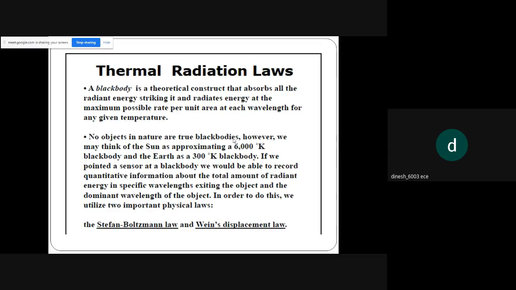If you point a sensor at a black body, we can record quantitative information about the total radiant energy in a specified wavelength, emitted by the object, and the dominant wavelength of the object. In order to do this, we need to utilize the Stefan-Boltzmann law and Wien's displacement law.